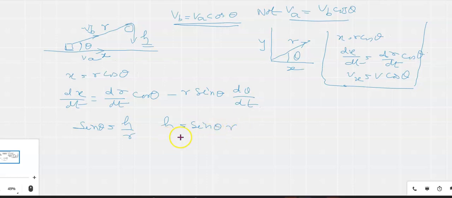So when we differentiate this, we get 0 is equal to r cos theta d theta by dt plus dr by dt sin theta.